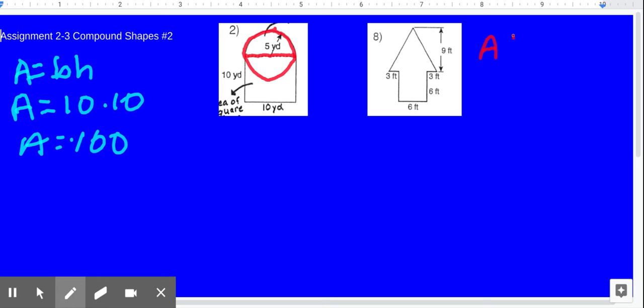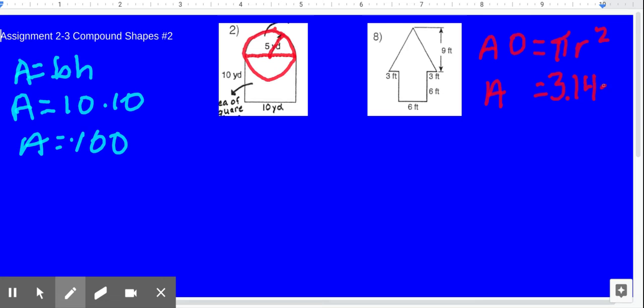Area of a circle is pi times the radius squared. So area equals, and then pi is 3.14, and the radius, remember, is the distance from the center point of the circle to the outer edge.